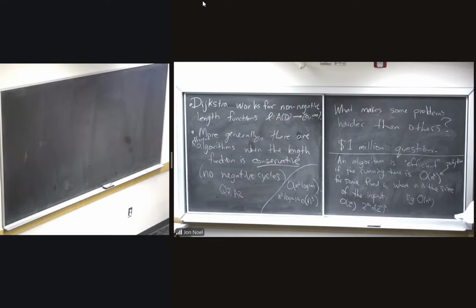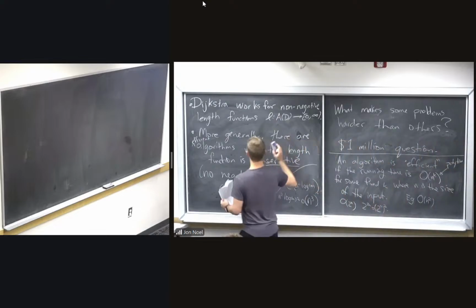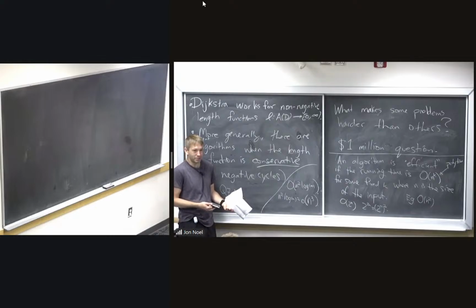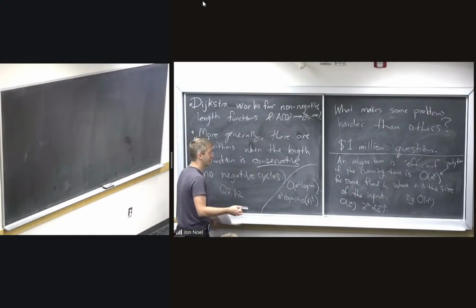Okay, so when we're talking about what makes problems hard, it's convenient, since we've so far been talking about optimization problems where you compute the maximum or minimum of something, to work with something called decision problems, which are just yes/no questions. They are closely related to optimization problems, but not quite the same thing.